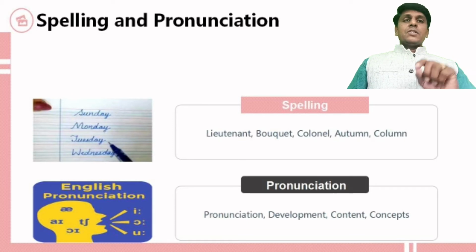The answer is no. Because the correct spelling of this word is B-O-U-Q-U-E-T. I don't know it. The problem lies here. When we talk about communication, this is the problem where we have to work.